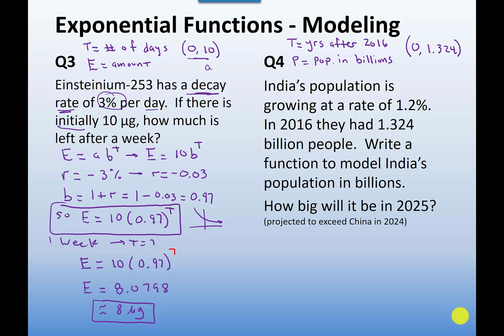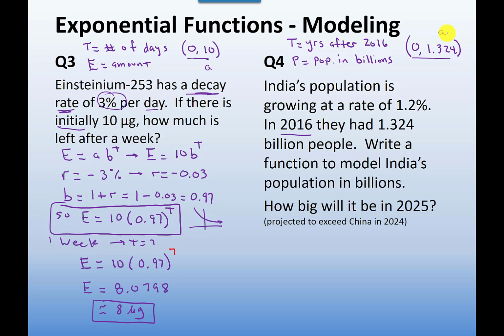If we let t equal the number of years after 2016, and then p is the population in billions, well, in 2016, that's when we're starting our analysis. So our starting t is 0. That means we have this initial point. So this is our a number.